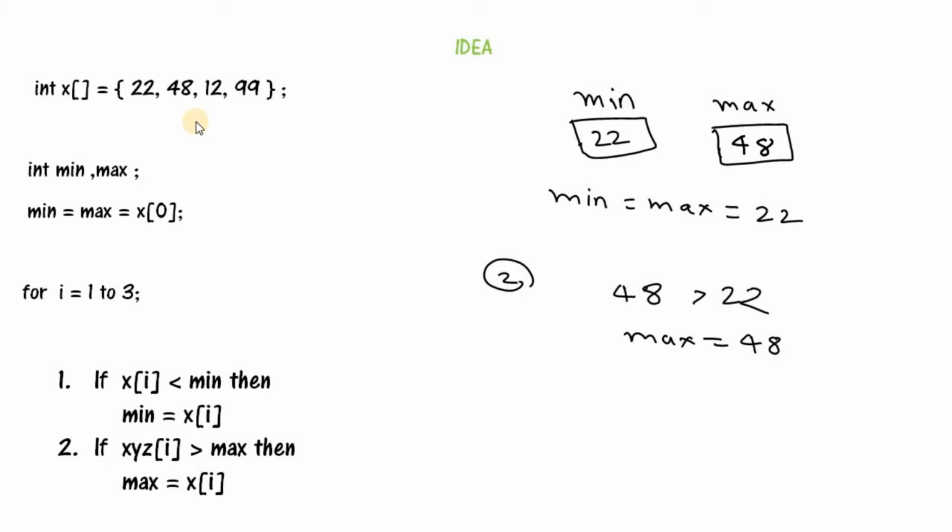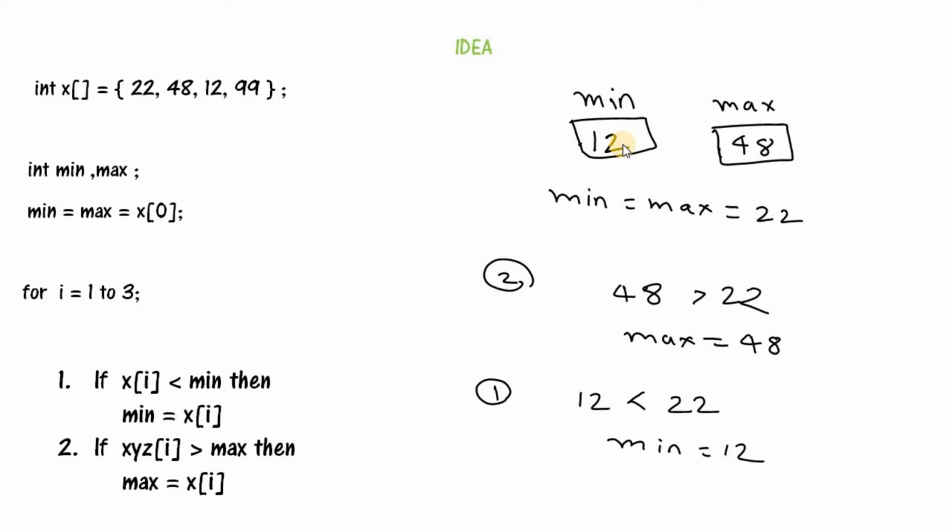Now, let's compare the next element with the new min and max elements. As 12 is less than 22, the new minimum element will be 12, not 22. Hence we can replace 22 by 12.